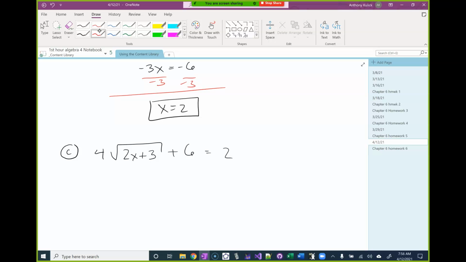So this problem at first glance doesn't look much different than the previous ones we've done so far, right? 4 times the square root of 2x plus 3, plus 6, equals 2. Looks pretty much like the first problem, right? Something different is going to happen here, though. So, looks exactly the same. We should start doing the same things.